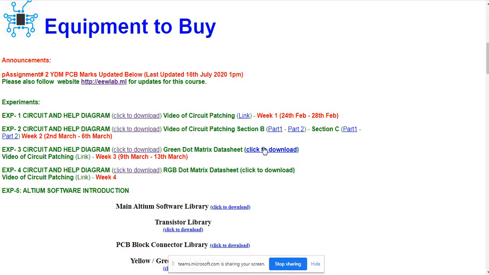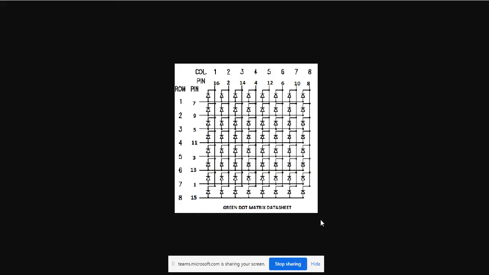Now the green dot matrix is a little different. Please see this one very carefully, which I am showing on the screen. This is arranged row wise, so you are lucky that it is arranged row wise. So the power connection has to begin at pin number 7, 9, 5, 11, 3, 13, 1 and 15.